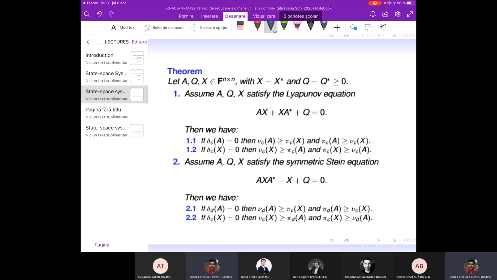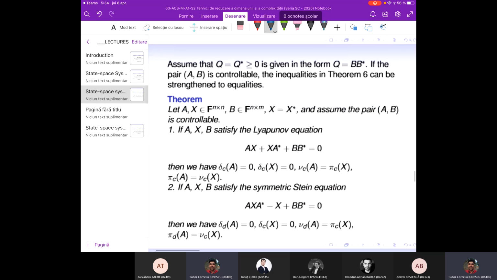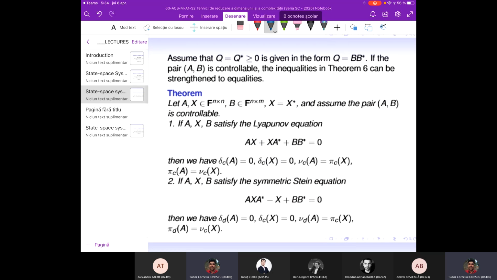So if X is the unique solution of a Lyapunov equation, specific sign conditions hold for the eigenvalues of X with respect to the eigenvalues of the matrix A. Furthermore, assume that Q is symmetric or Hermitian and positive semi-definite, and Q is given in the form BB transposed, where B is any n by m matrix.